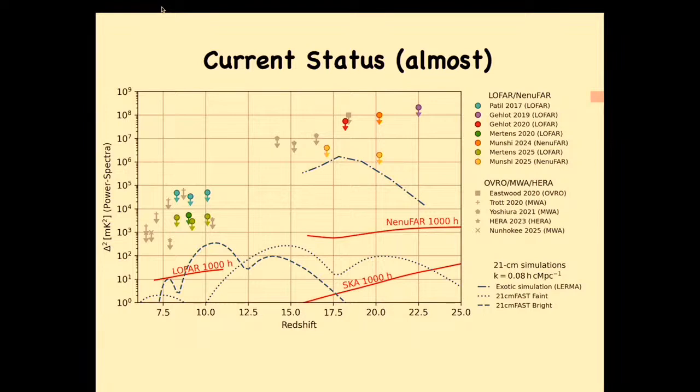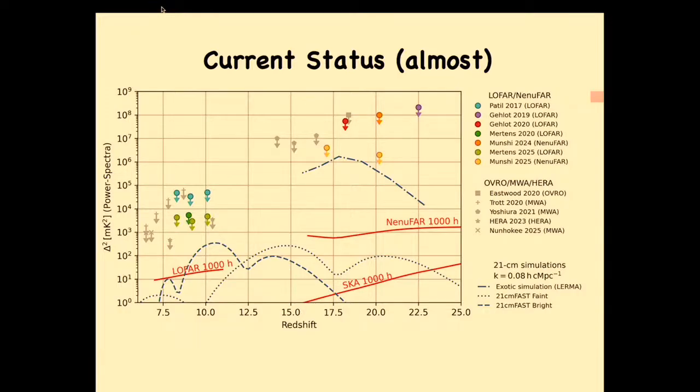Look how much progress we have here. This is remarkable. Still not there. This is delta squared. So if you take the square root of this, it's about 30 millikelvin. The signal is of the order of 10 millikelvin. We are getting close. The best result comes from HERA, which I showed before. I didn't talk a lot about it, but they have the same types of struggles.